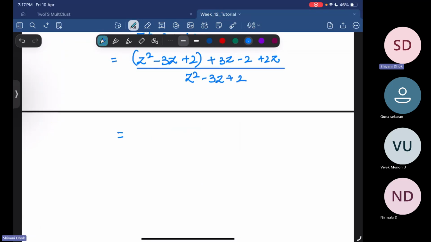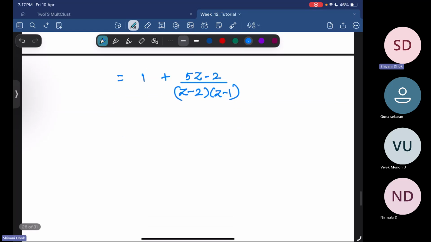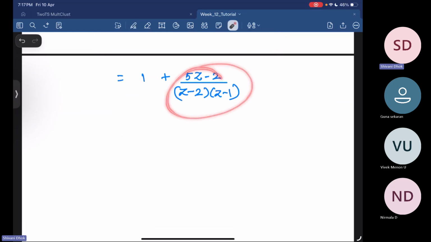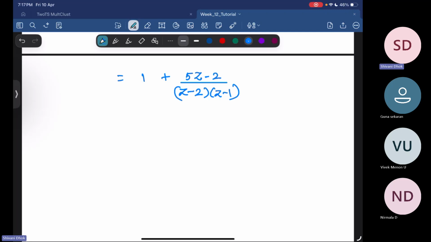So this is equal to 1 plus, 3 plus 2 is 5z minus 2 divided by, you can factorize the denominator as z minus 2 into z minus 1, like this. And now you can consider this particular part for partial fraction representation.